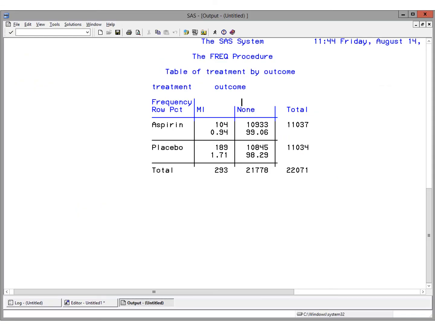So here's a cleaner looking table. Here I used NOCOL and NOPERCENT, and so now I have just the frequency and the row percentage. This is a little cleaner, focuses just on information that I care about, gets rid of some of that extraneous information that I don't care so much about.